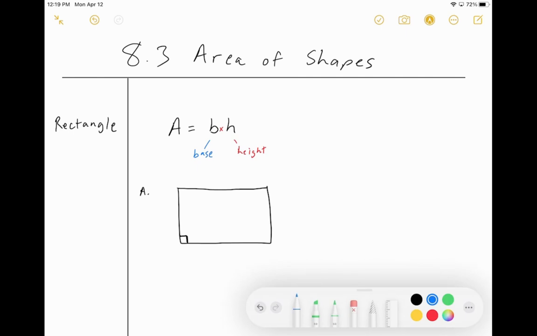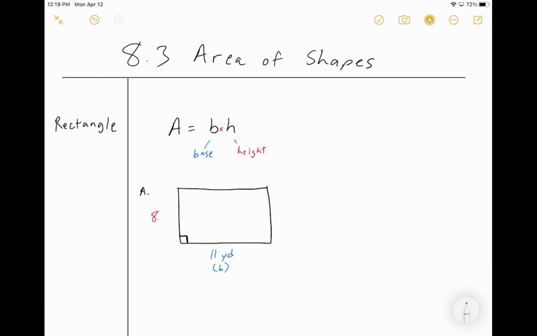So let's do some examples here where we have, let's say this is 11 yards, which is my B. And let's say this is 8.7 yards, and we'll call that my H. Now, make sure you have a calculator with you. I do not want you doing this by hand.